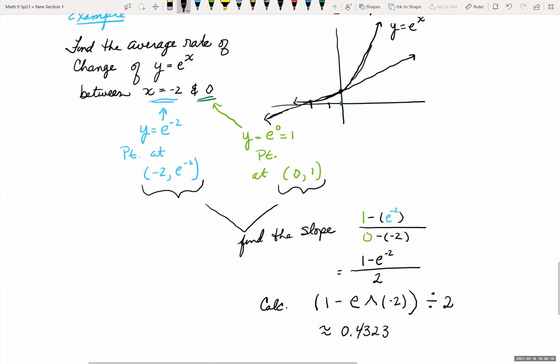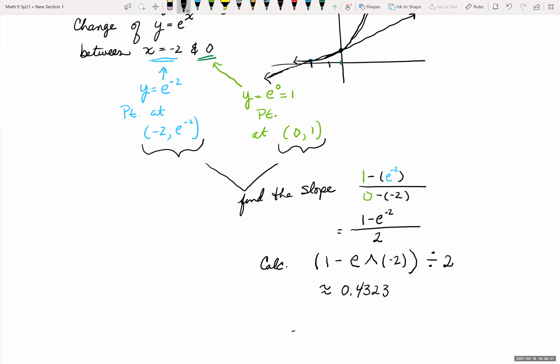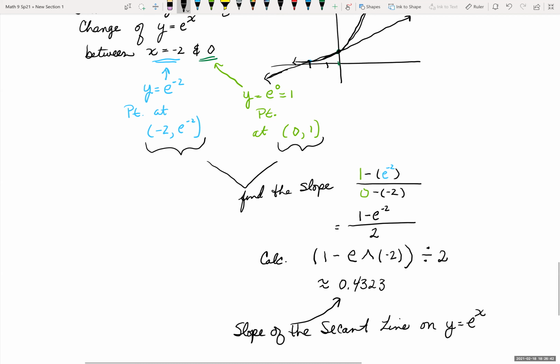We can also say that this is the slope of our secant line, for y equals e to the x at x equals -2 and 0.